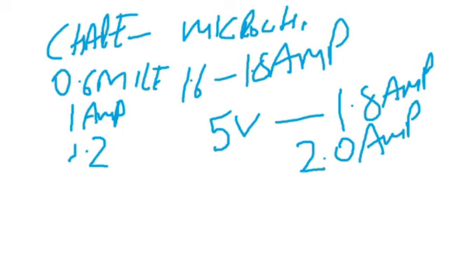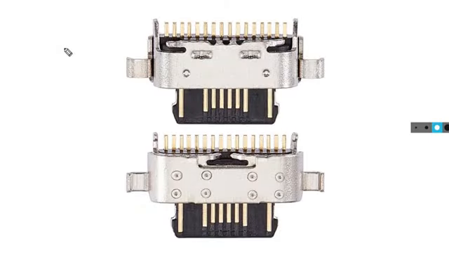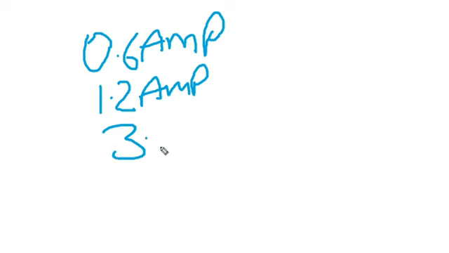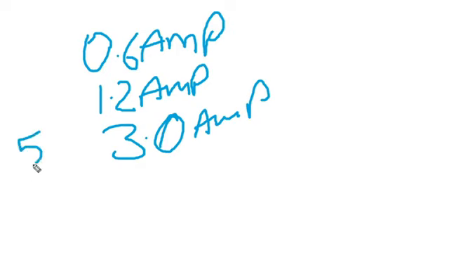Now, when companies introduced the C-type port, when you connect a C-type phone charger, at first it consumes 0.6 milliampere. After a few seconds, it goes to 1 ampere or 1.2 ampere. After a few seconds, when everything is okay, it goes to about 3 ampere, or directly goes from 5 volt to 9 volt, 2 ampere.